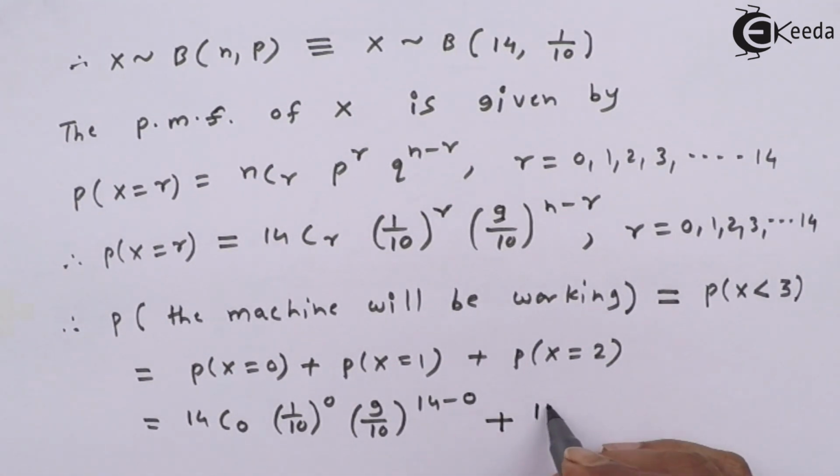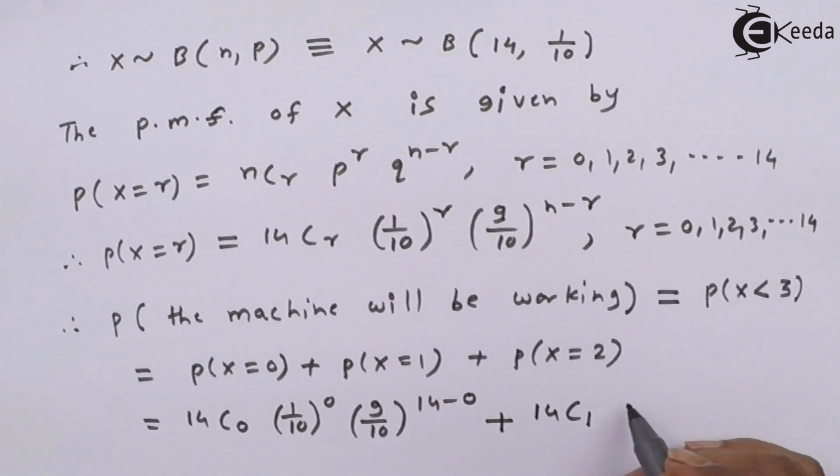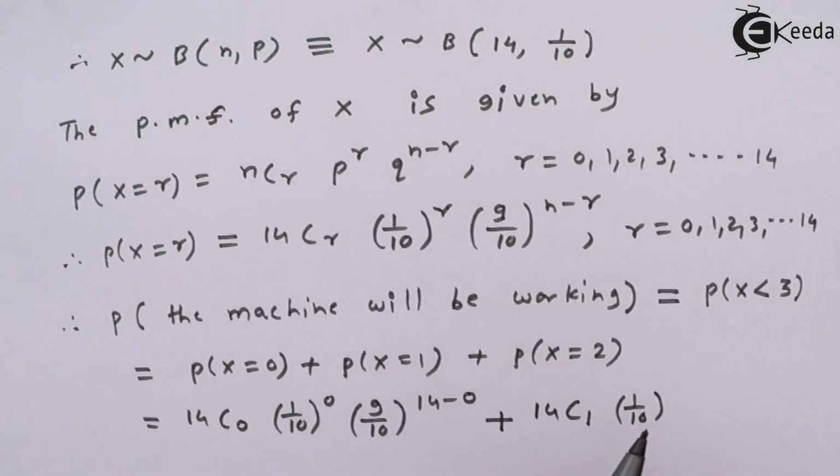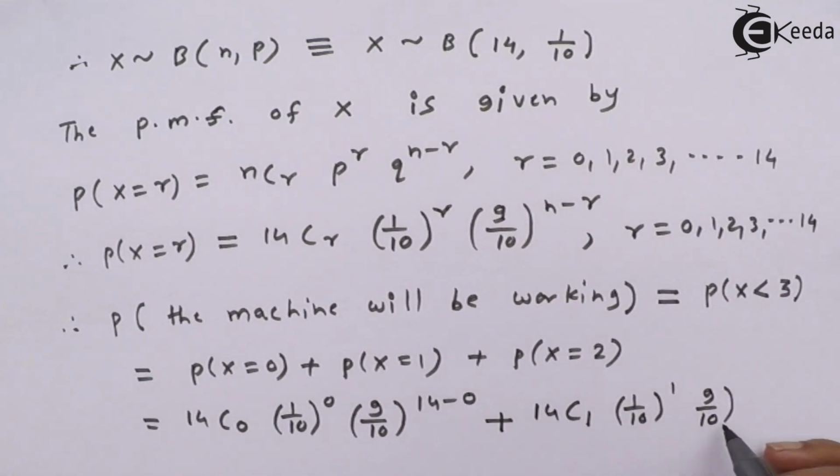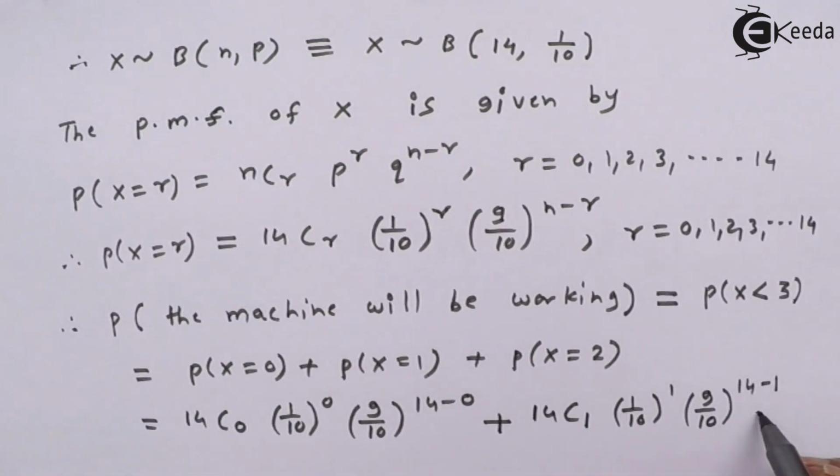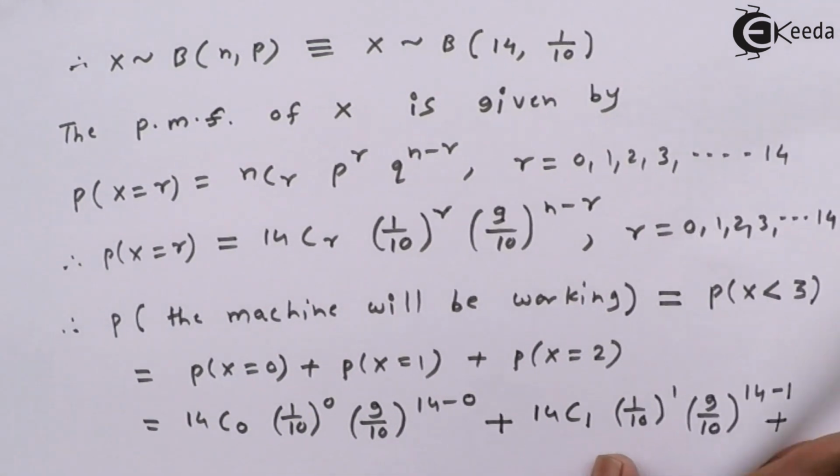So that can be written as 14C1 into 1 upon 10 raise 1 and 9 upon 10 raise 14 minus 1, plus.